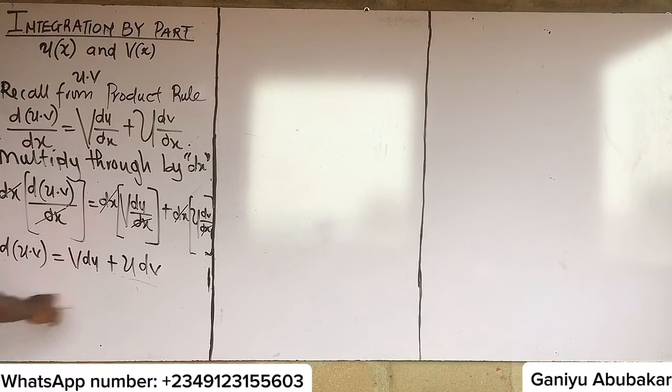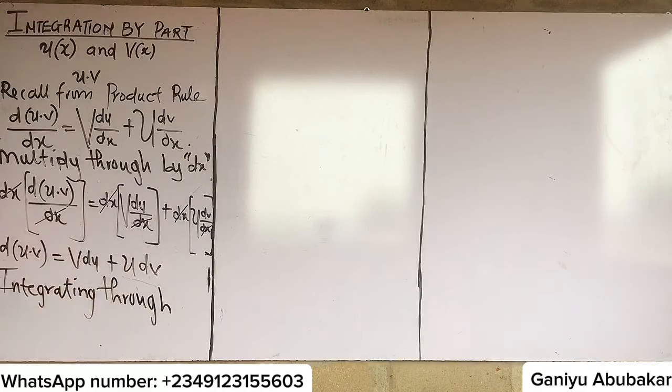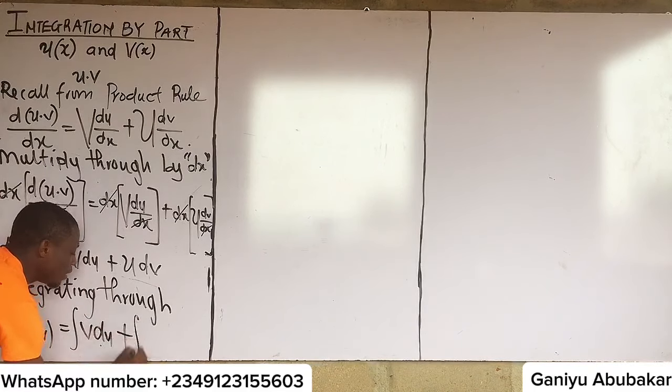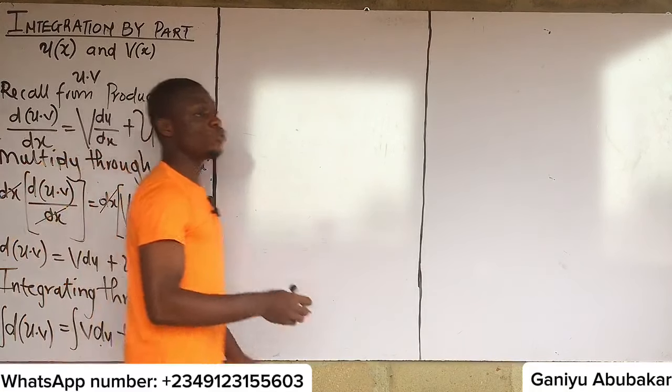All right, at this point, integrate through. If I integrate through, I'll have the integral of d of u dot v equal to the integral of v du plus the integral of u dv. At this point, recall something from what we know generally.